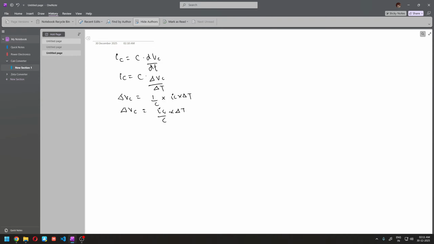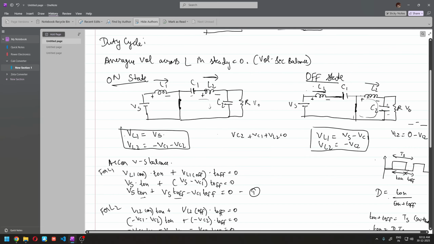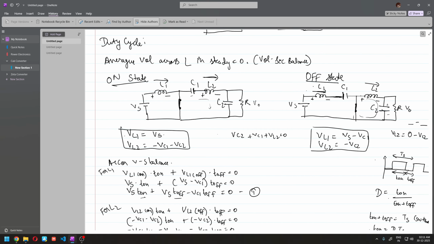So let's go back to the circuit here, the equivalent circuit, and same as before, we need to look at both states. So you can see here for C1, let's do with C1 first. You can see here that the current through this C1 is basically the IL2 itself, right? Because this is one loop, they are in series. So IC1 is equal to IL2, and assuming that it's leaving this plate, and I assume this direction.